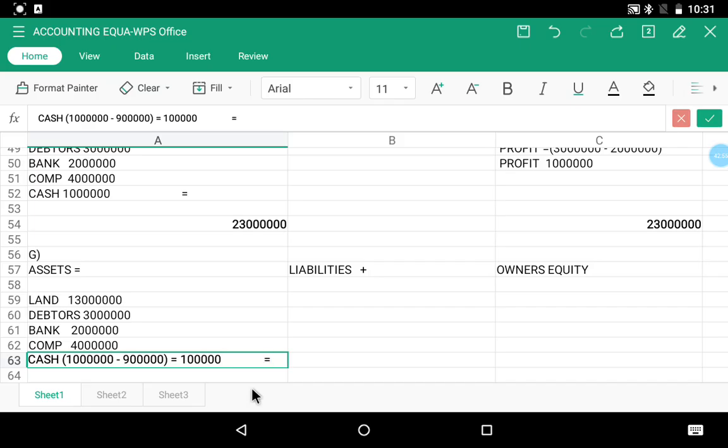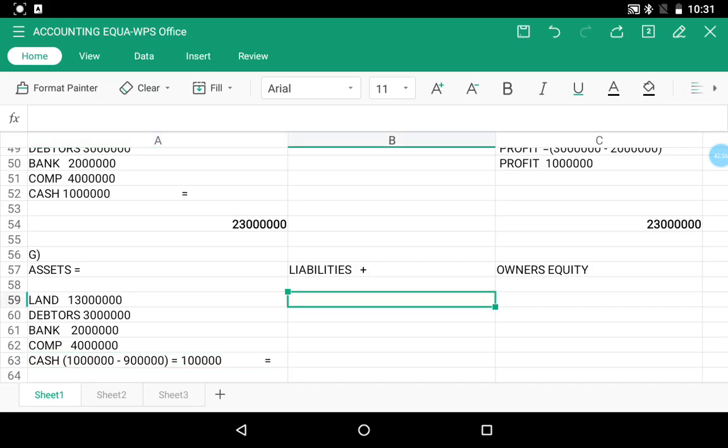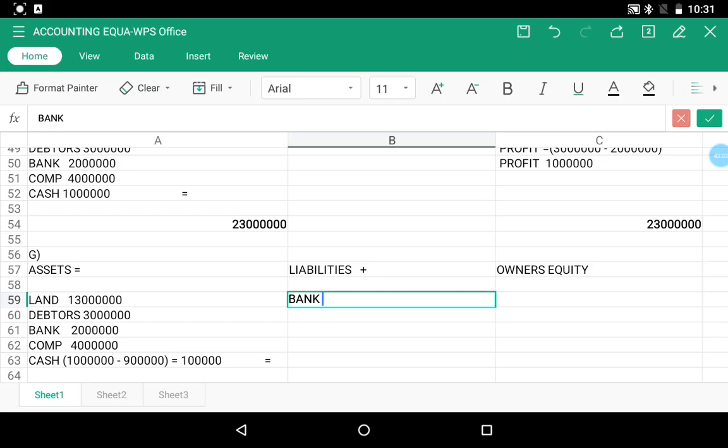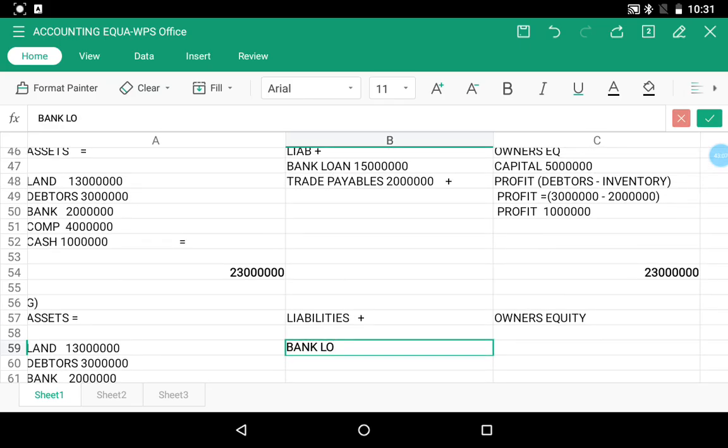Now we go to liabilities. Under liabilities, we still have our bank loan of 15 million. We have not yet paid. Business have not yet paid that money, so we still have it. Then we have under trade payables.